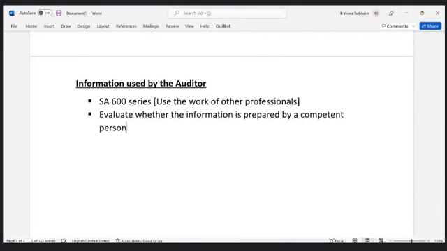Why do we check whether it is prepared by a competent person, Abdina? The first thing that you need to see is who has signed this document. If that person is very well known in the market or they have a good reputation in the market, then you can directly rely on such audit reports or any reports provided by any other auditor or a legal representative or any internal auditor or any tax consultant.